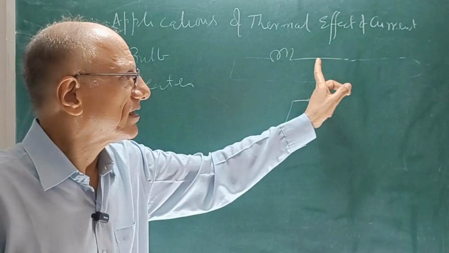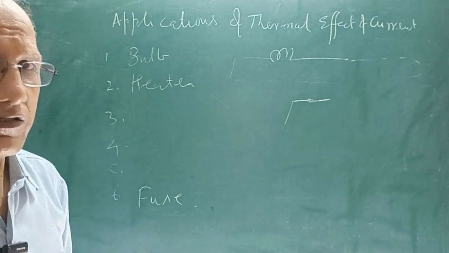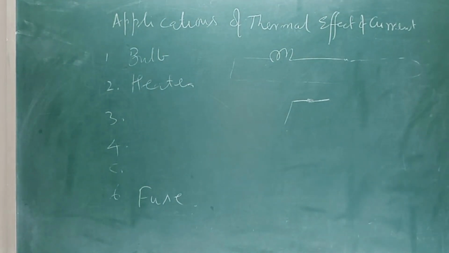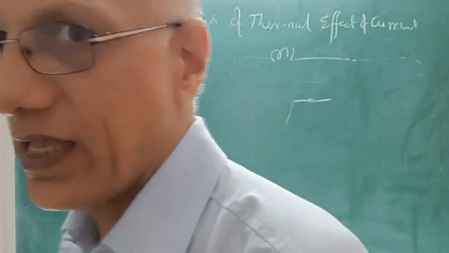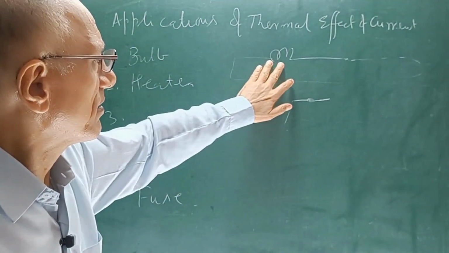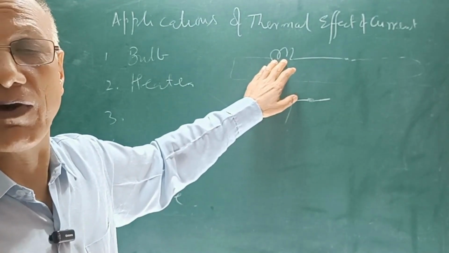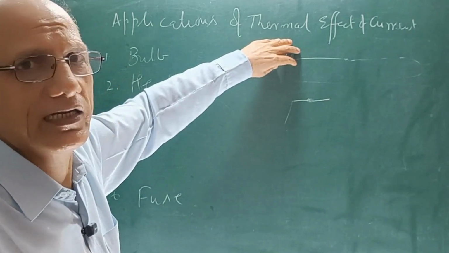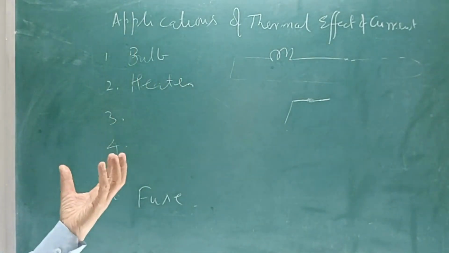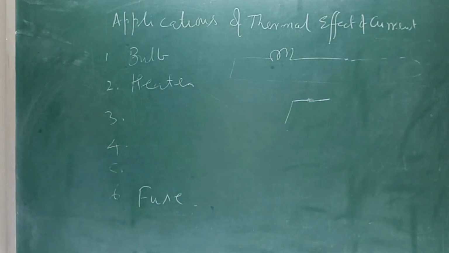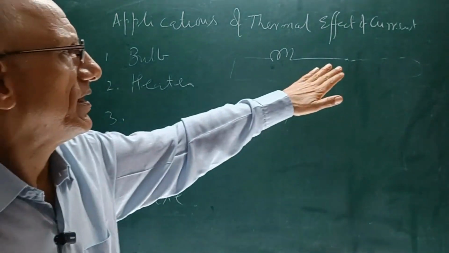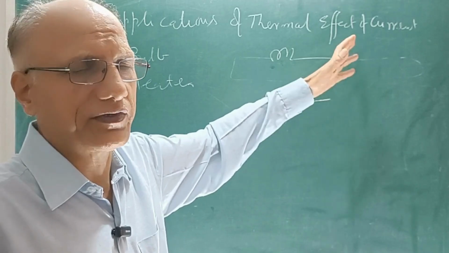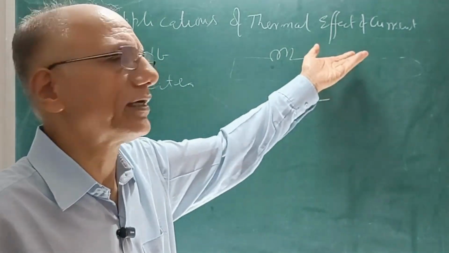Here the electric lines have very low resistance due to their resistivity, that is copper, and the bulb filament has very high resistance, due to which very high heat is generated and then it becomes white and bright, whereas there is not sufficient heat generated to heat up the lines.